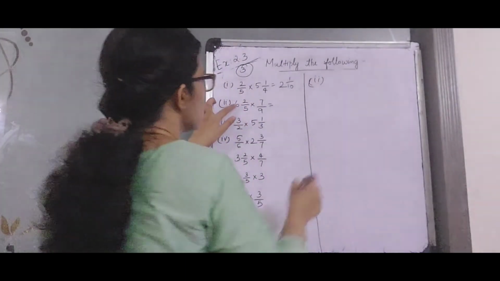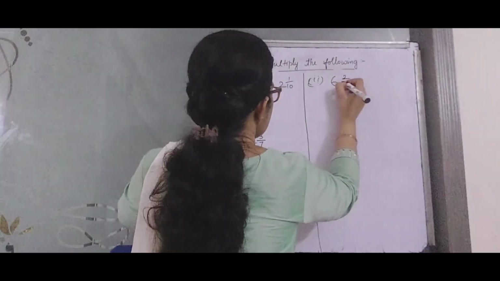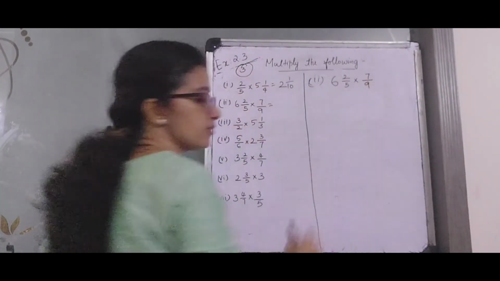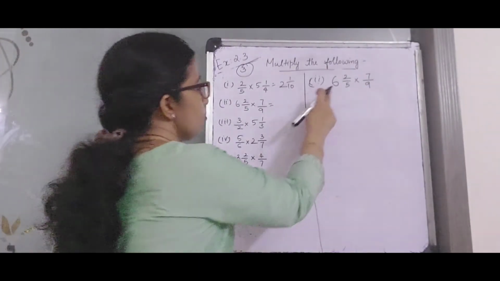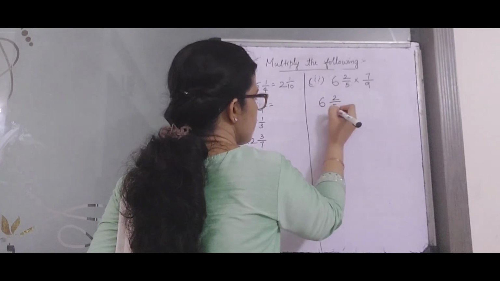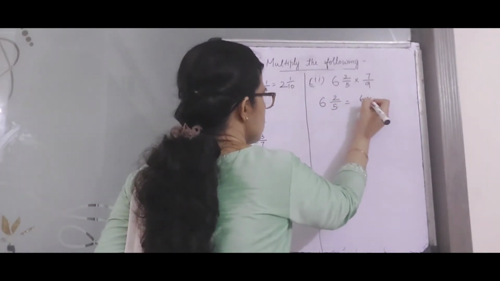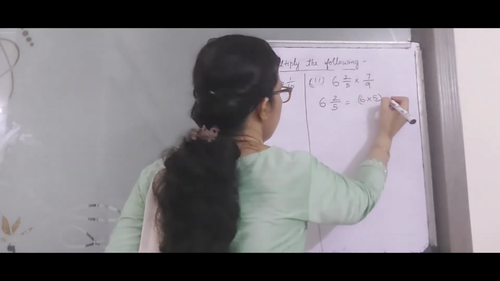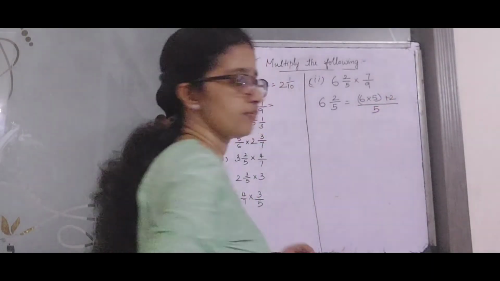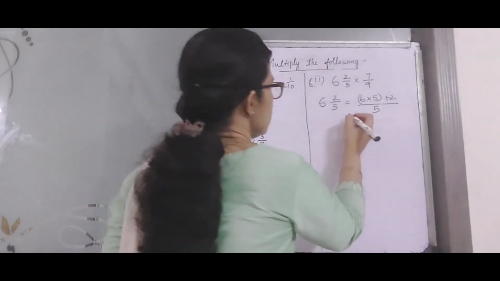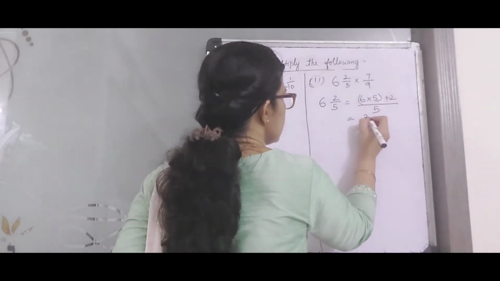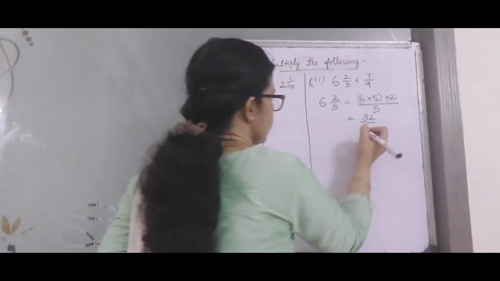Second problem is 6 2 by 5 into 7 by 9. Okay. So the 6 2 by 5 is a mixed fraction which can be written as 6 2 by 5 is equal to 6 into 5 plus 2 divided by divisor is 5. Okay. So this can be written as 6 into 5 is 30. 30 plus 2 is 32 by 5.